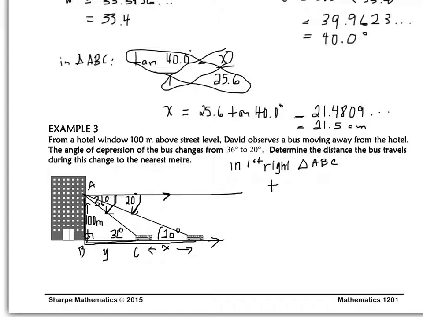So the tan of 36 degrees would be the opposite, which is the 100, over the adjacent, which would be y.